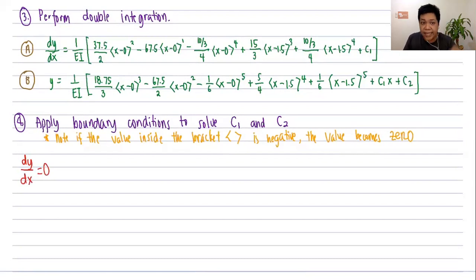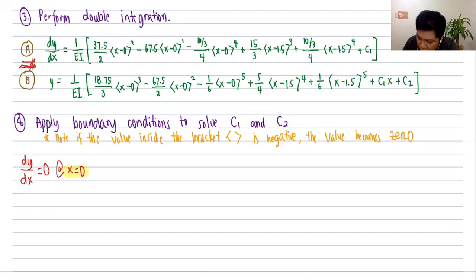That's only valid if we have a fixed support as a boundary condition at x equal to 0. So I will be using equation A, substituting 0 as the value of x. Let's just copy equation A.